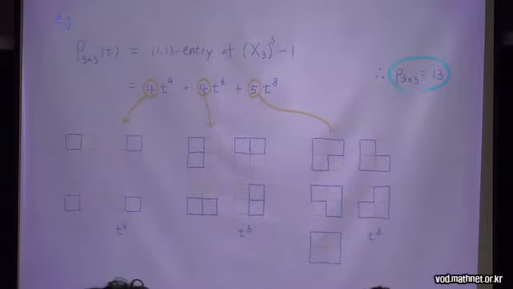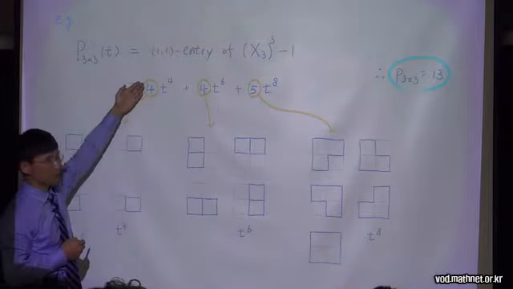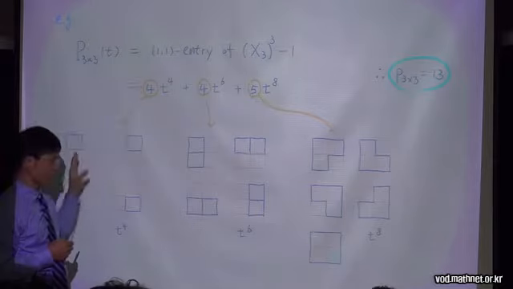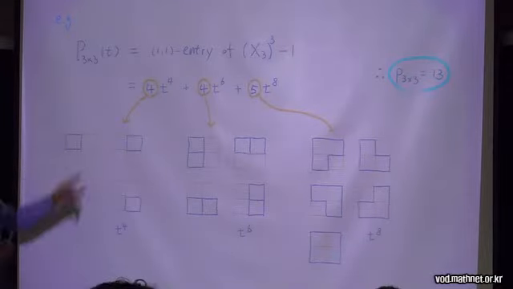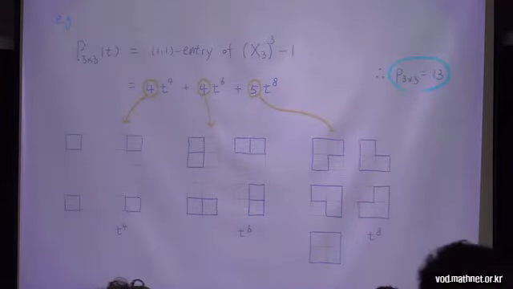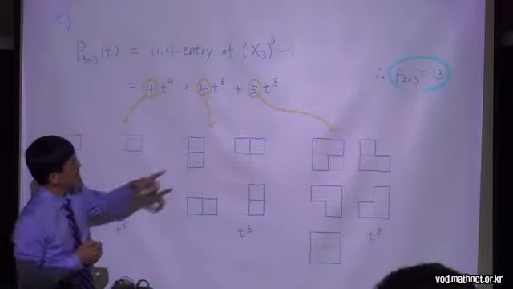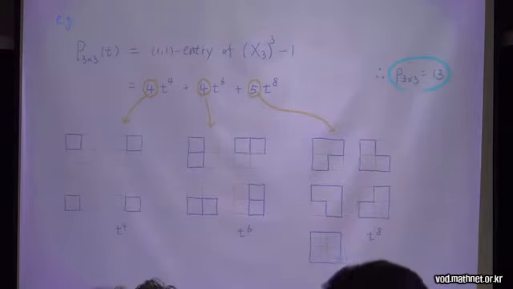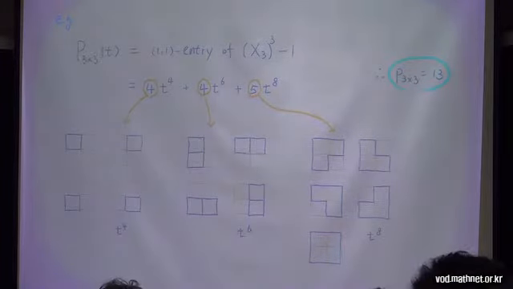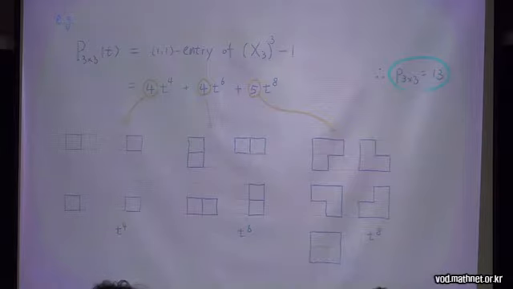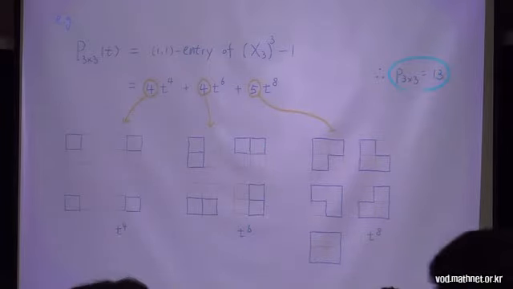So if you use that algorithm, we have the same polynomials as if you use this figure. And also, if you put 1 to the t, then we get 13. So for the 3 by 3 lattice, in total we have 13 self-avoiding polygons.